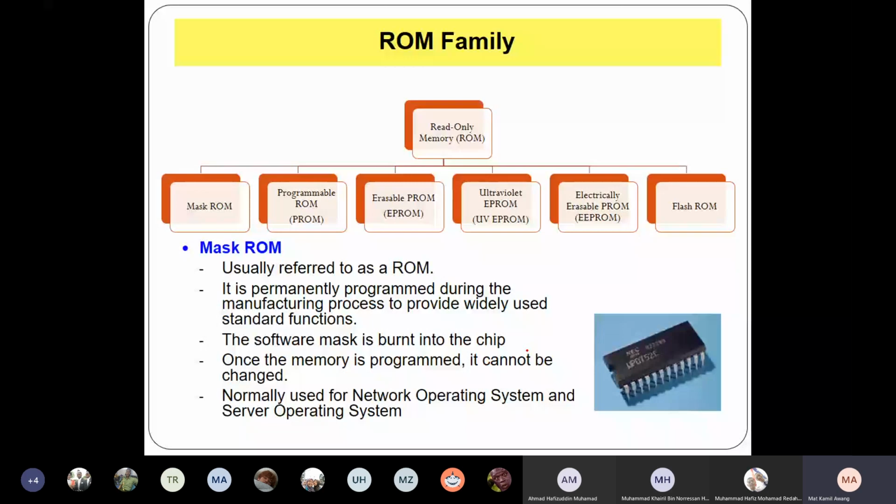Once the memory is programmed, it cannot be changed. Normally used in network operating systems and server operating systems. That is a mask ROM.